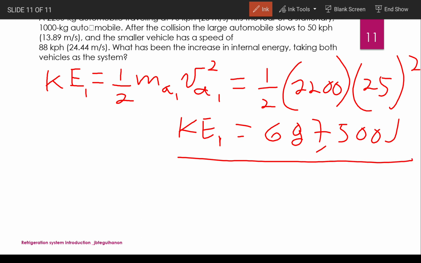Here we go. So after the collision, you have another kinetic energy, or we call it kinetic energy 2.